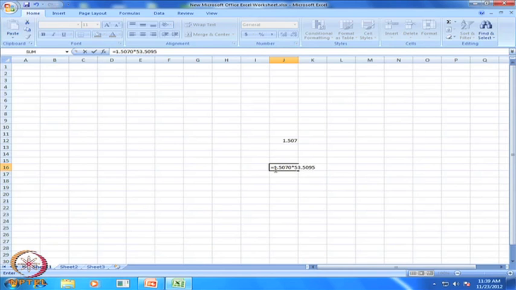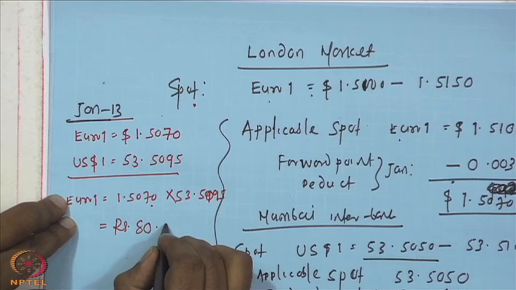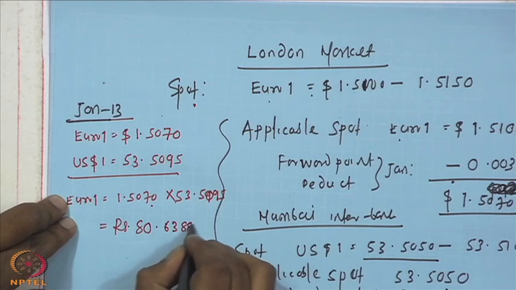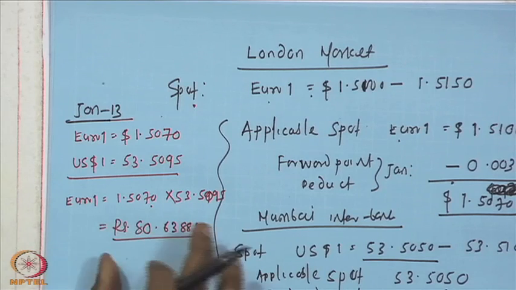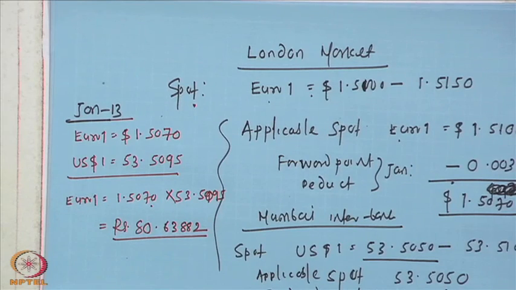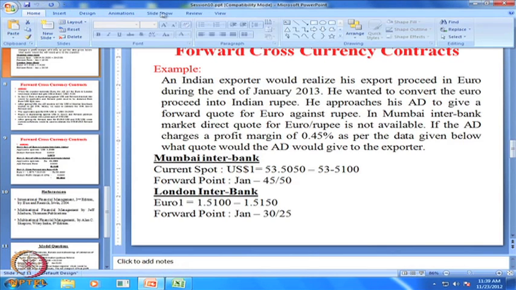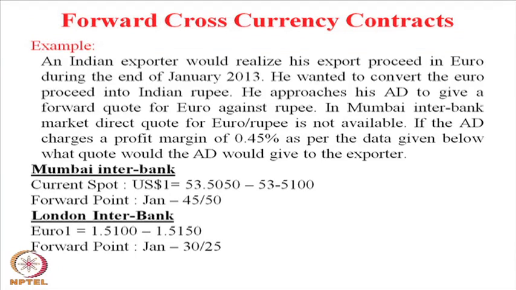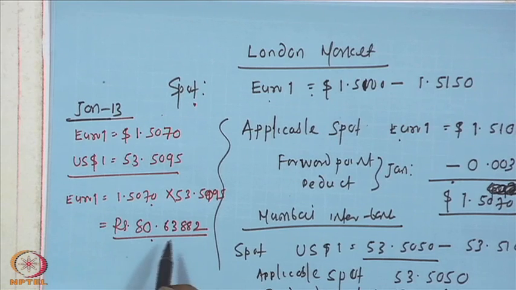So, we got the rupee value of 1 euro as 80.63882. This is 1 euro equivalent to how much rupee, applicable for the month of January. So, January month euro will be 80 rupees 63.82 paisa.